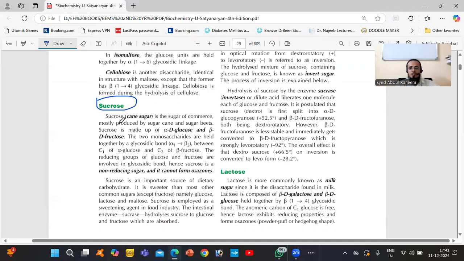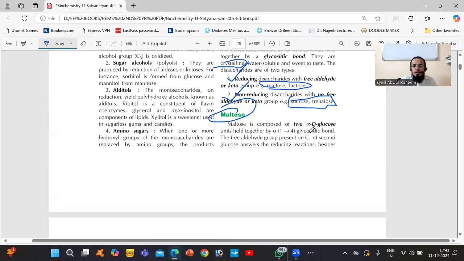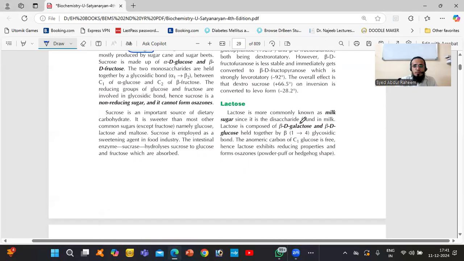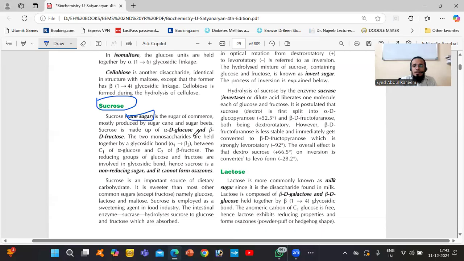Okay, sucrose. Sucrose is also known as sugarcane or cane sugar. And what does it have? Sucrose is made up of alpha D glucose and beta D fructose. In that, the amount of sweetness is increased. Okay.